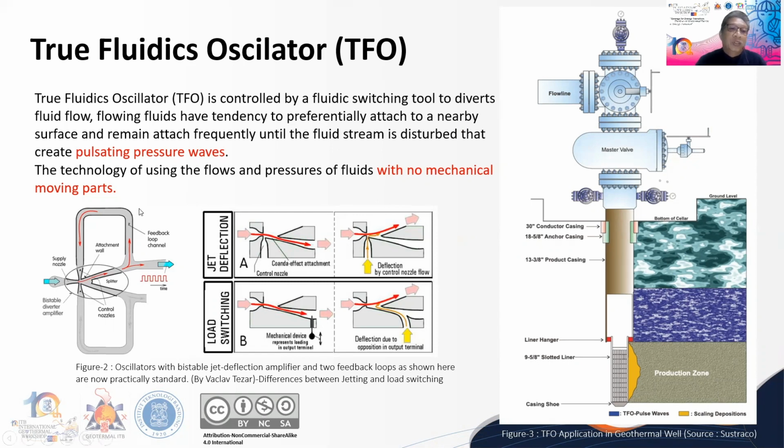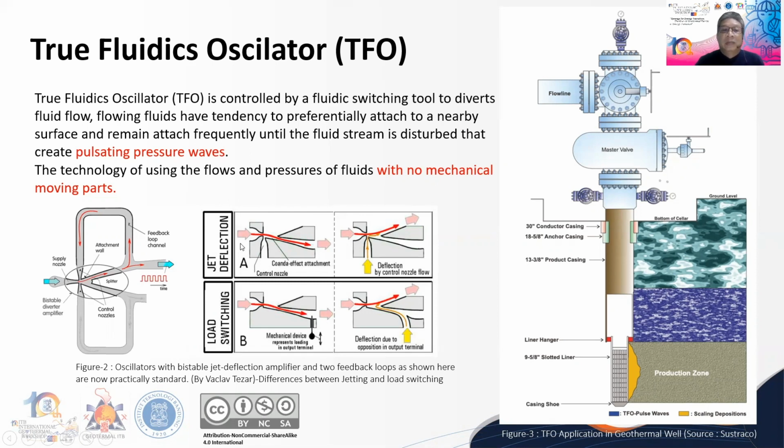If we see in the picture, this is the concept of the TFO. Once we pump the fluid into the system, it will be diverted in two. First cycle will be in this area, and then the second cycle will go through this other area, which we call switching. This picture explains the differences between jet deflection and load switching.